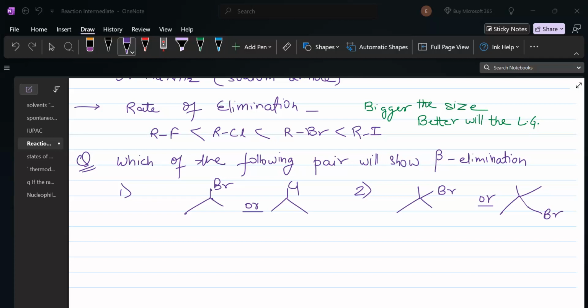Have you marked? The most important thing is to identify alpha carbon and beta carbon. Then you can proceed with the answer and it would be correct also.